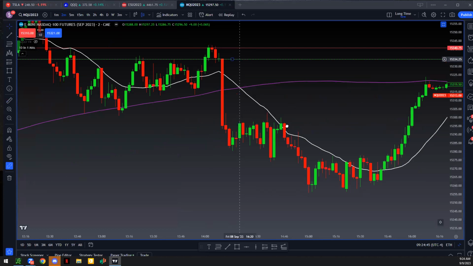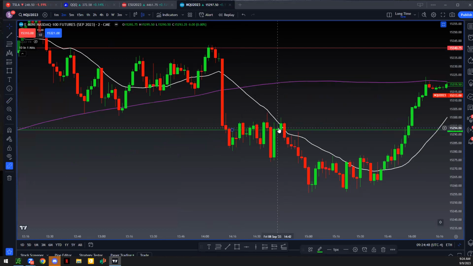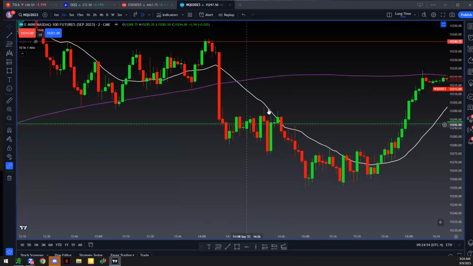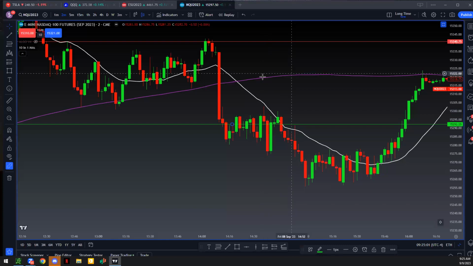Here's another beautiful one. This one was Friday at 2:44. We had a nice price action consolidated right to the 20 SMA. This was perfect. Price action is below the 200 as well, which means that on the higher time frame, we're working our way down.